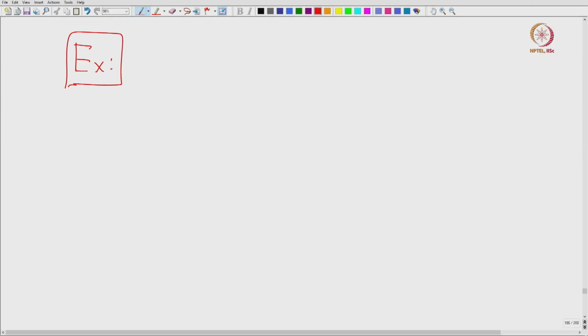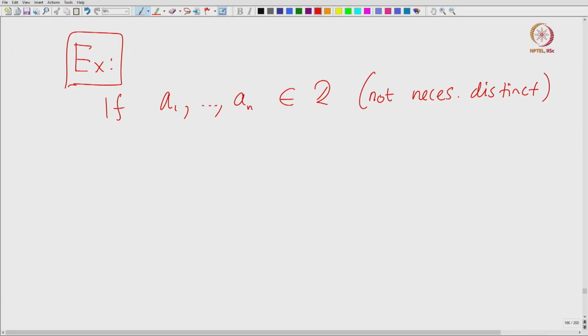So, if we take some n integers, not necessarily distinct, call them a1 etcetera an, they are all integers and not necessarily distinct. And if this is given, the question is: does there exist a subset of these numbers whose sum is a multiple of n? Okay.